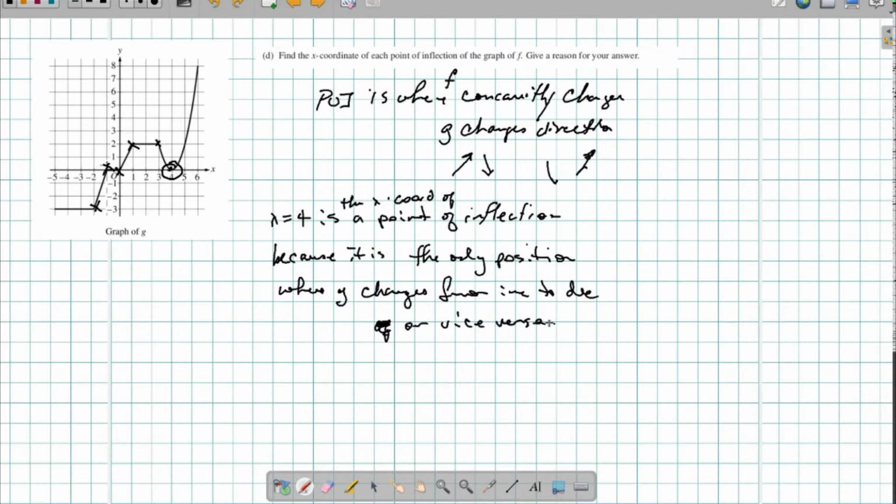So the thing is, I have to give the answer, x equals 4, and I have to give my justification. I need to give a reason for my answer, and I need to justify it in terms of what I see in the graph of g.